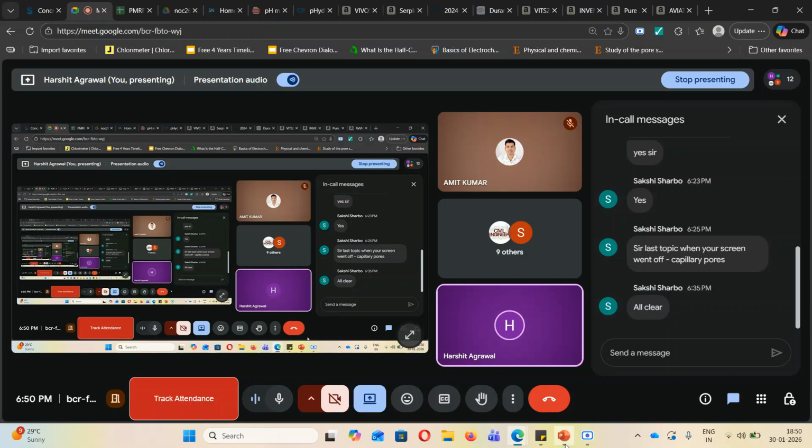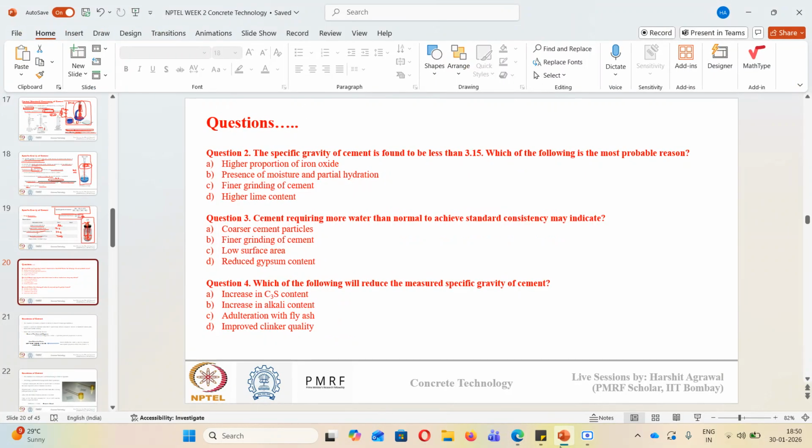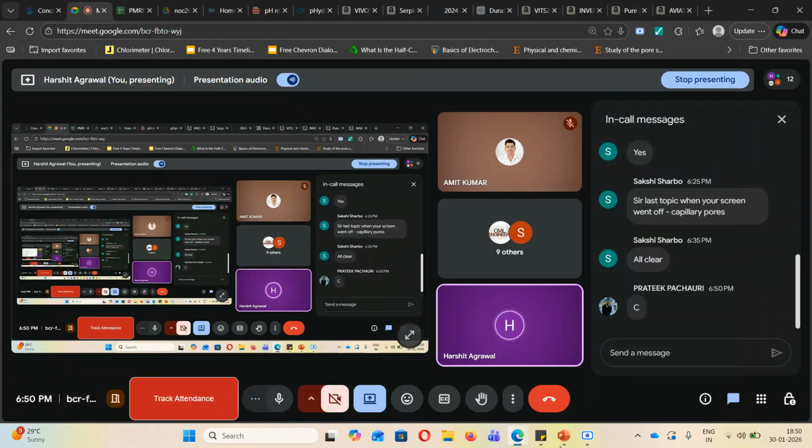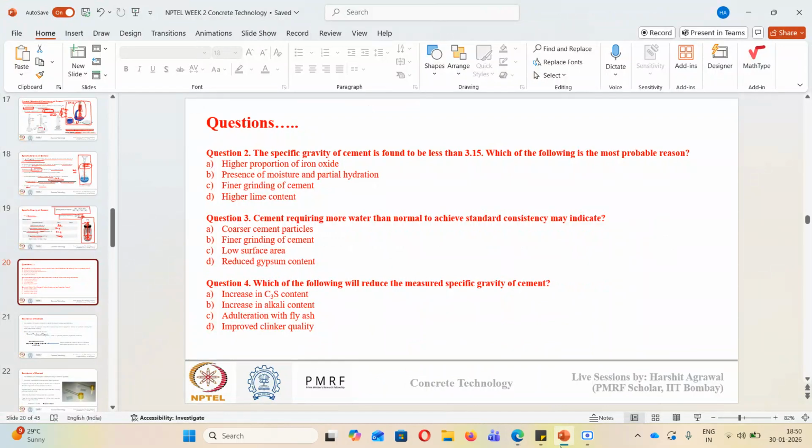Just think, it should not be like a right answer, but just give it a thought. What can be the reason? Can you tell me the reason why fine grinding of cement will reduce the specific gravity?